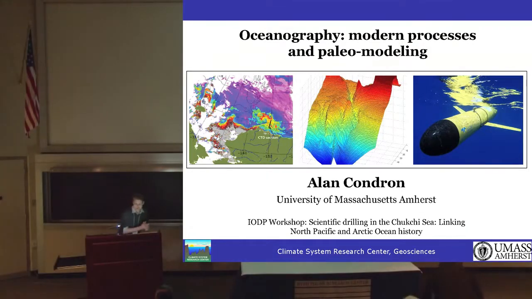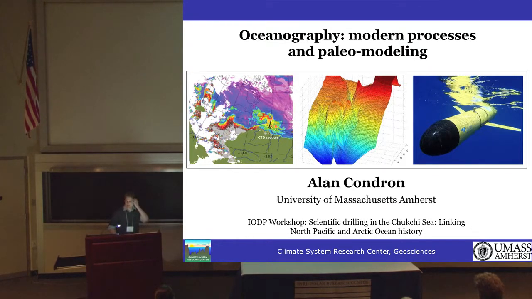Right. So, I'm Condron. What I mainly do is I'm an oceanographer, an Arctic modeler, who dabbles a little bit in paleo modeling as well. What I'm going to be talking about today is an introduction, an overview of what the oceanography and circulation in the Chukchi Sea looks like.